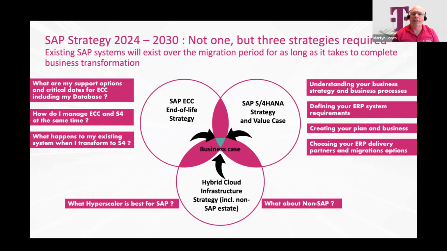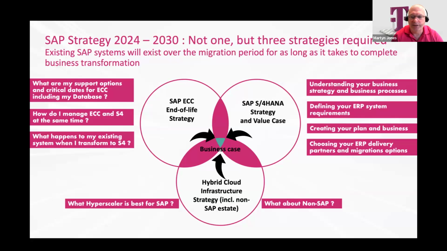We look at understanding your business strategy and your business processes. So you really need to look at where your ECC system is and then where your S4 system is going to be. We need to look at those business processes because a lot of the S4 side is now more industry unified, and also there's keeping the core clean and really making sure that you're not using heavy customization within that platform.